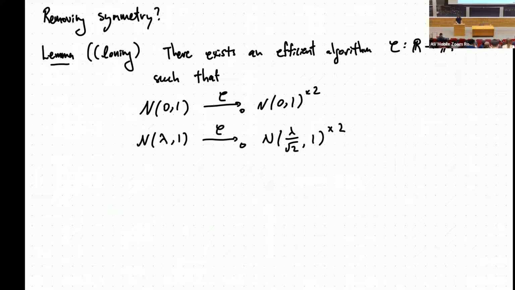However, the mean is no longer lambda, it's lambda over root 2. Okay, so you input a single Gaussian, you output 2 Gaussians. You can't get something for nothing. So in the case that there was mean lambda, the mean shrunk a little bit.